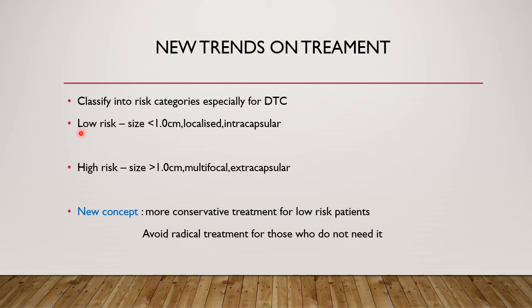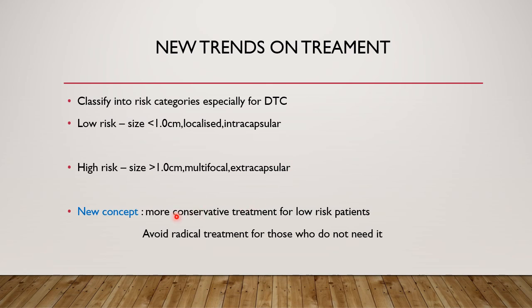You classify them according to low risk, according to the size of the tumor, which is less than 1 centimeter or less than 10 millimeters, localized to the thyroid and intracapsular. The second group will be the high risk group, which has the size of tumor more than 1 centimeter, or it can be multifocal and even extracapsular.